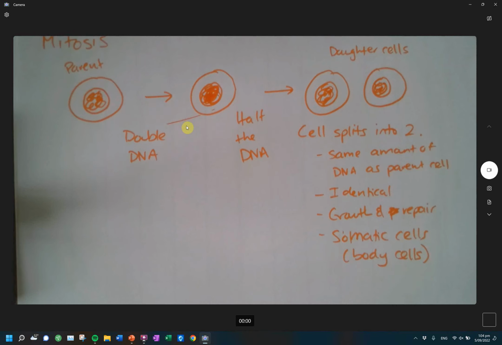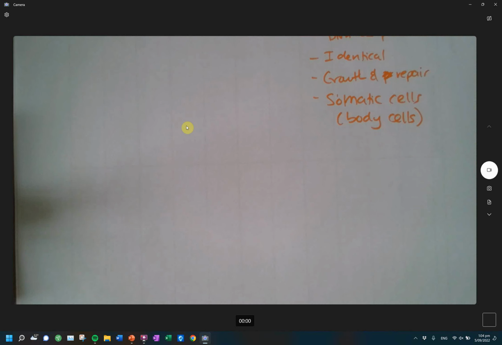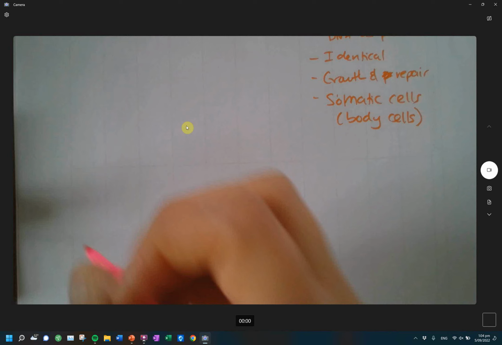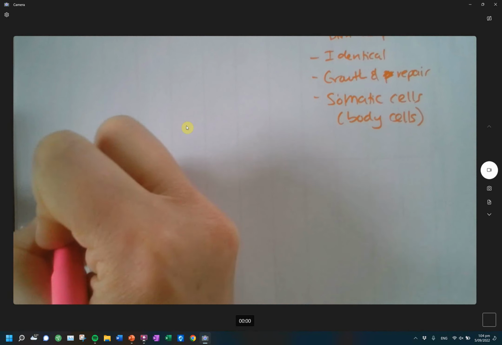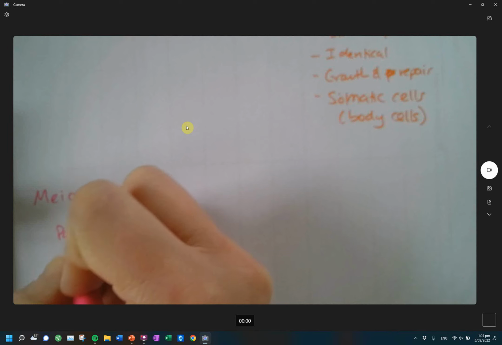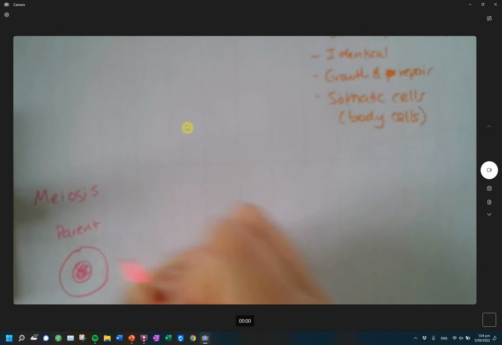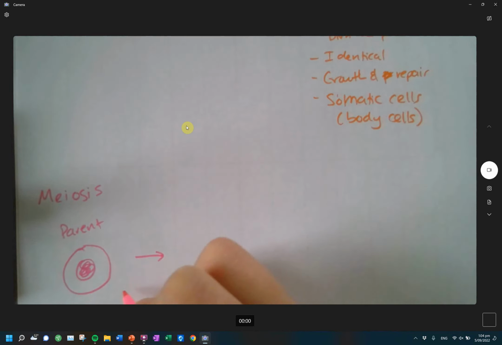All right, meiosis is a little bit different, and that's the main one that we focus on. So meiosis, again, I have a parent cell with DNA. Something that it does as well is that it doubles that DNA, so things are very similar.